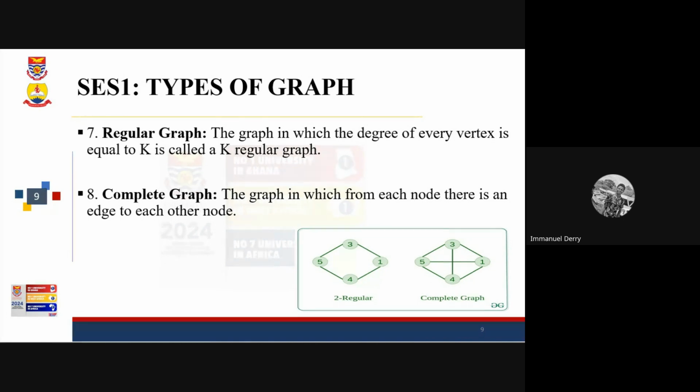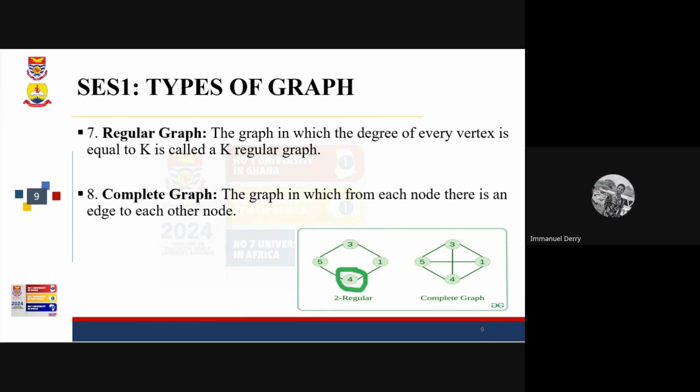So let's take this node 5, for instance. Who can tell us how many edges are connected to it? Two. Correct. Let's take 4 as an example. How many edges are connected to it? 5 and 1. It's also 2.